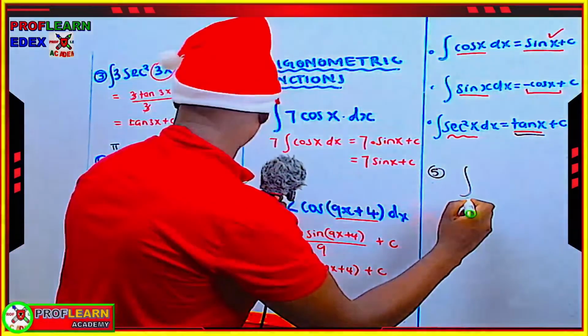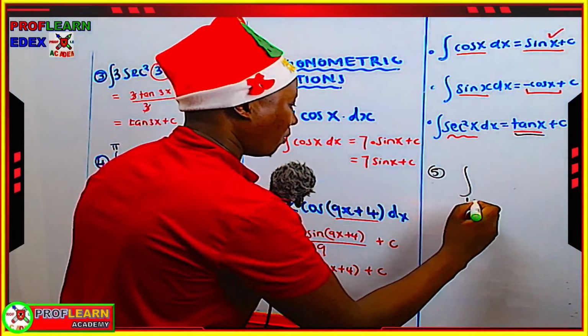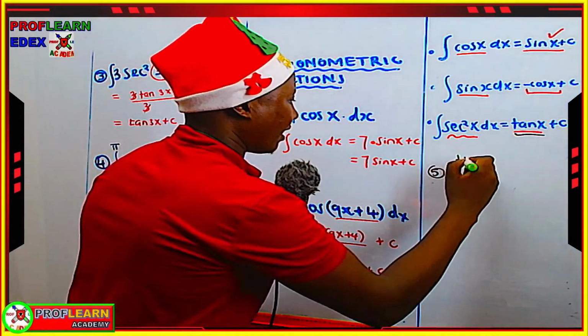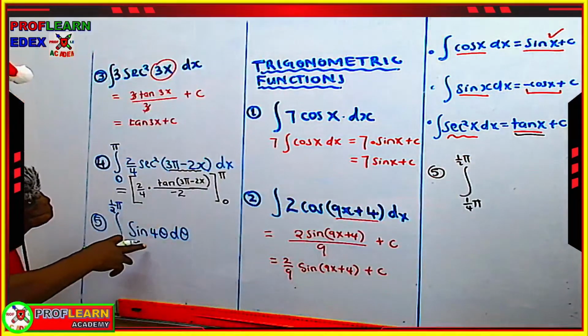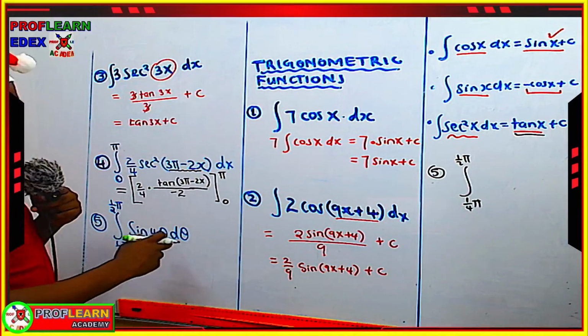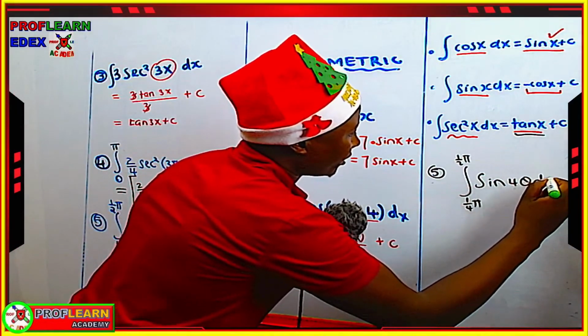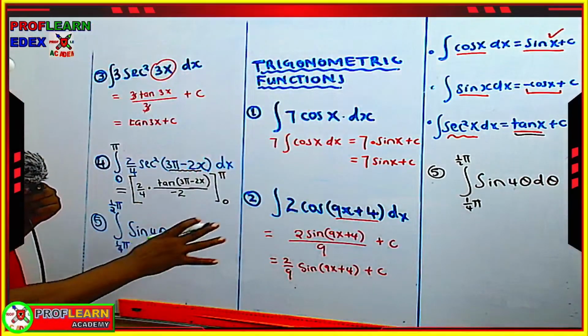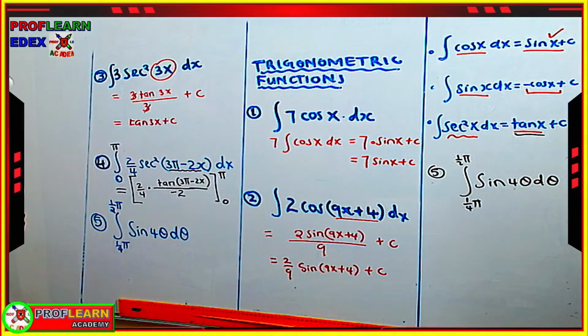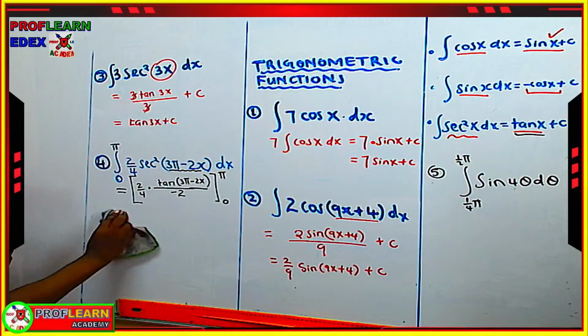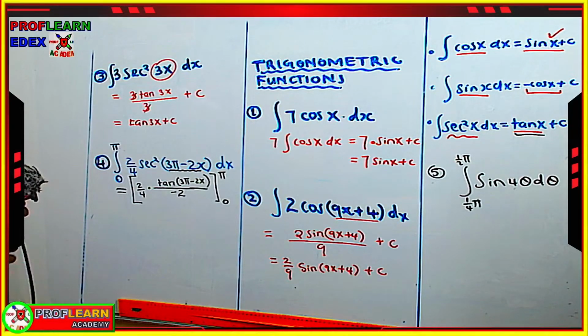Number 5 was from 1 over 4 pi all the way to a half pi, and we were integrating sine 4 theta with respect to theta. We shall do that later. So let me just save some space here for this.